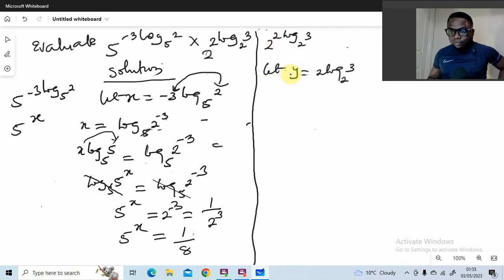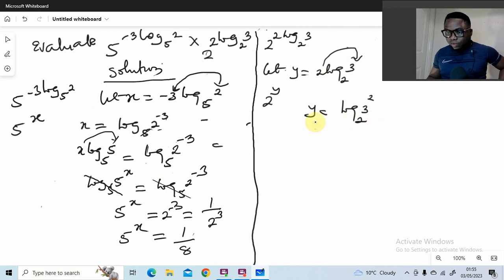If 2 log 2 exponent 3 is being replaced with y, it means the whole of the expression becomes 2 exponent y. So I'll solve for y to get the value of y, just like I did here. Y is equal to, applying the power law here, 2 has to go up to become log 2 exponent 3 exponent 2.